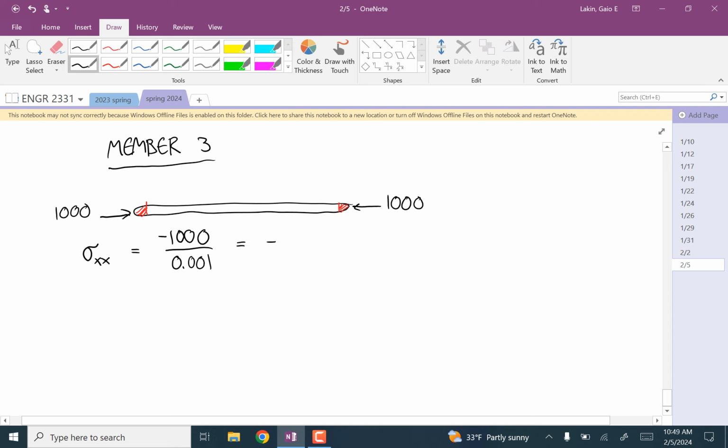So that's negative 1.0 times 10 to the 6 pascals. And so the stress tensor for member 3 is negative 1.0 times 10 to the 6, 0, 0.